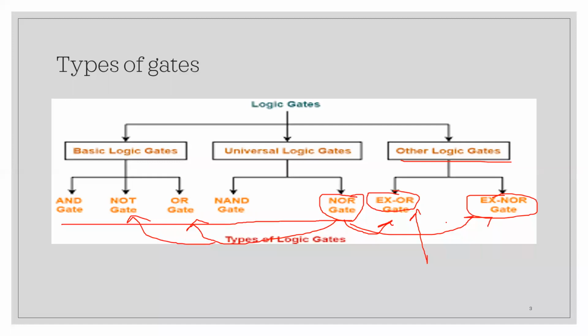When is the XOR output high? When both the inputs are the same or when both the inputs are different? When is the XOR gate output high? When inputs are different. Inputs are different.